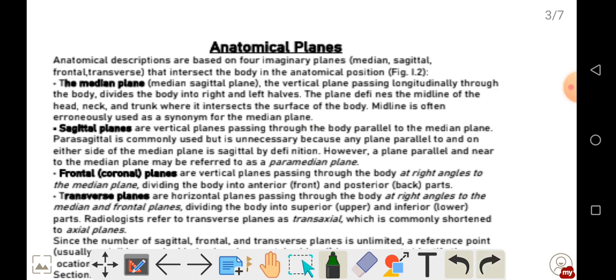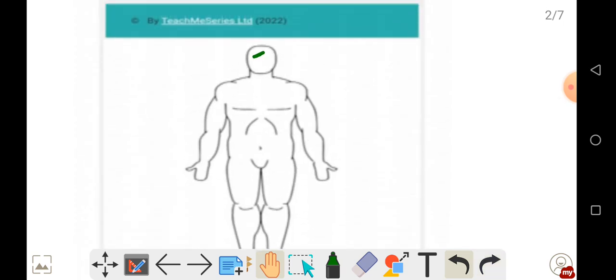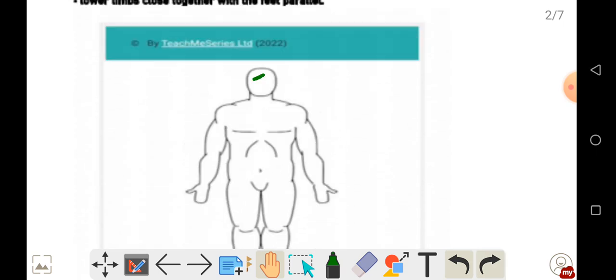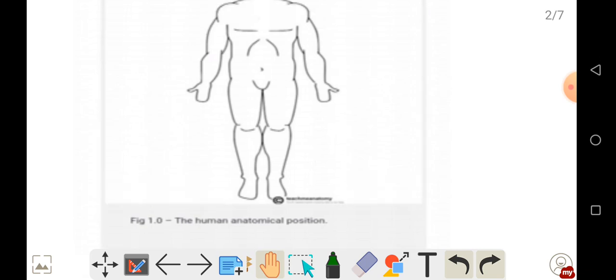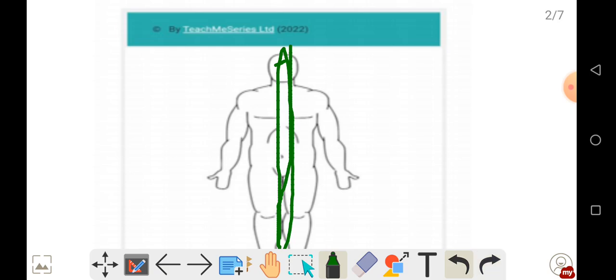Let's look at how this looks. The median sagittal plane is the line drawn in the middle here. It divides the body into this half and this half. So that's the median sagittal plane.